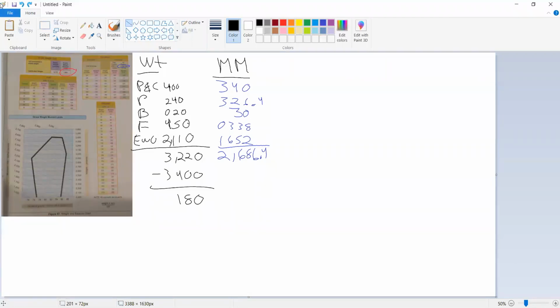Let's move on to the next problem on page 60. Any numbers the same? Fuel's the same. Is it? Only fuel is the same, everything else is different.